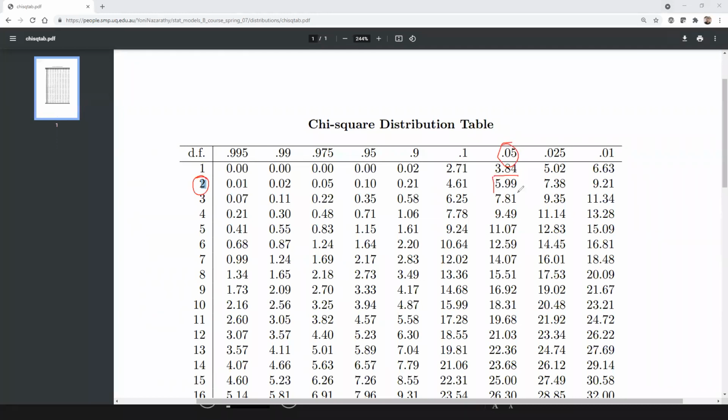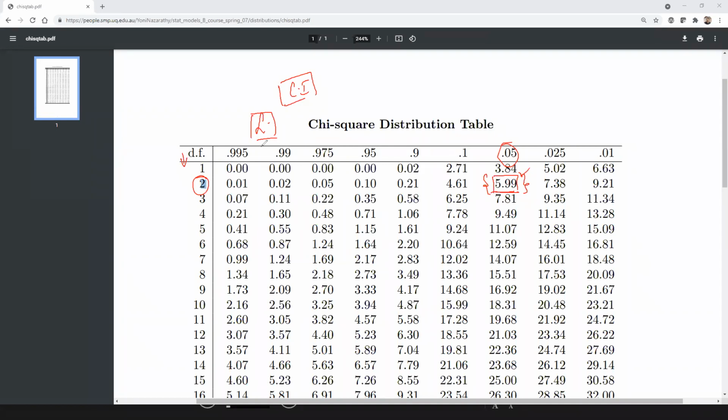So the value will be 5.99. Is everybody getting this? 5.99. Okay. Remember, in here degree of freedom is given and here alpha value is given, not CI value. Alpha value is usually given in this particular table.